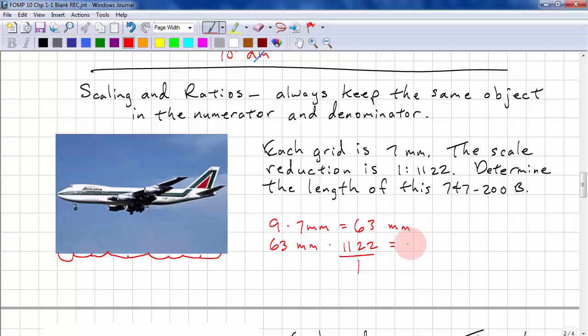If you bring up your calculator, you get 70,686 millimeters. Is this a useful unit to use? No. So let's convert this into meters. 70,686 millimeters times 1 meter over 1,000 millimeters. Cancel out the millimeters. Move this decimal place over 3 spots, and we'll round that off to 70.7 meters. Okay, that makes sense. This is almost the size of a football field.